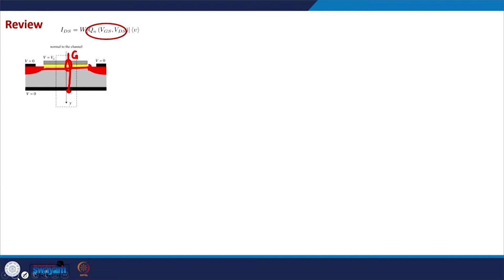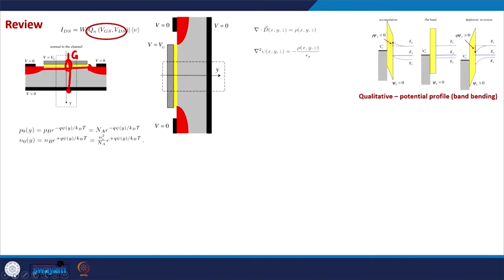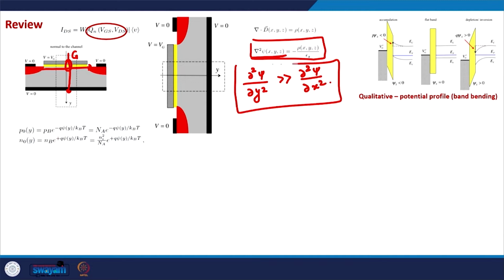In other words, the second derivative of the potential which appears in the Poisson equation, del 2 psi by del y square, is large as compared to del 2 psi by del x square in the case of long channel or conventional MOSFETs.